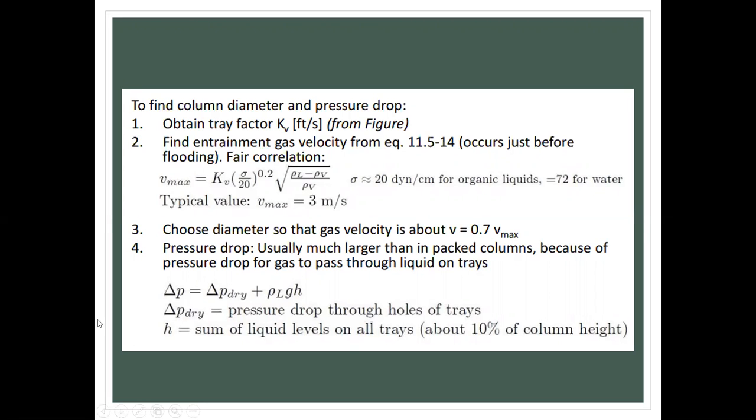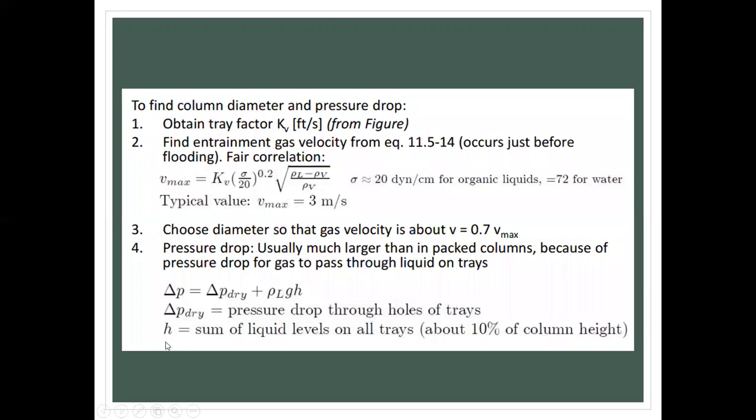And the formula for determining the pressure drop in tray columns is delta P dry plus rho L g H. Rho L is the density of the liquid times g, which is 9.8, times H. The delta P dry is the pressure drop through the holes of the tray.